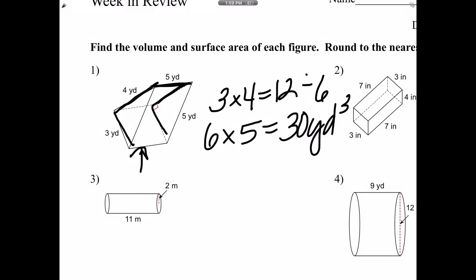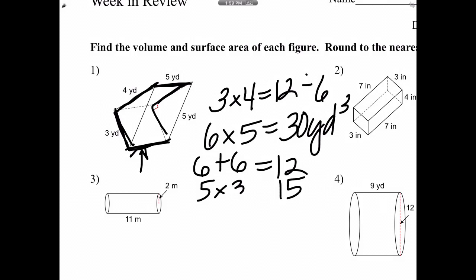Now we know that both of the triangles on the sides have the area of 6. So we're going to add 6 plus 6, that's 2 of the sides. Then the bottom is 5 times 3. See, that's the length. There's 5, so that's 15. Then we have the back side, which is 5 times 4, so it's 20.